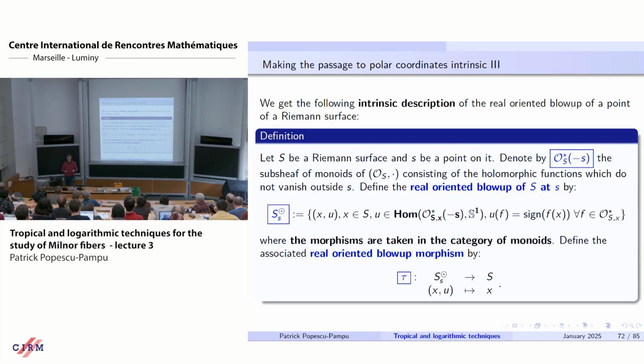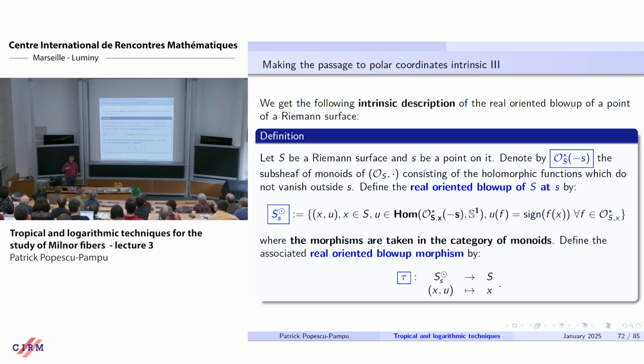This leads to the following construction on a Riemann surface. We have a point on the Riemann surface, and now we look at the sheaf of functions on the Riemann surface which are allowed to vanish only at the point. So the germs outside the point have to be non-zero, but at the point we cannot have the zero germ. And we look at this multiplicatively, so it's a sheaf of monoids. And now, how do we do the real-oriented blow-up?